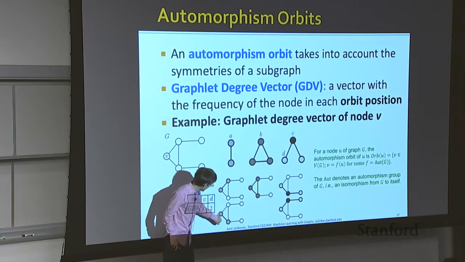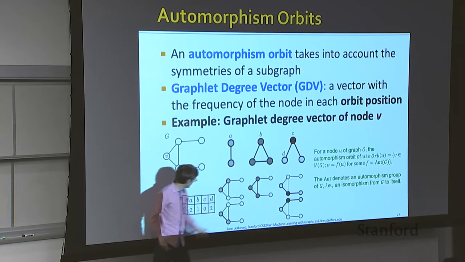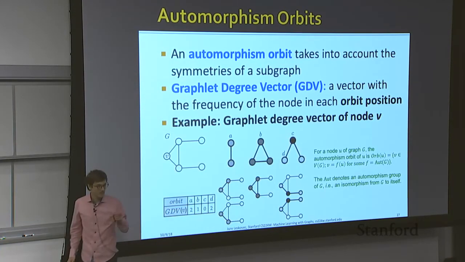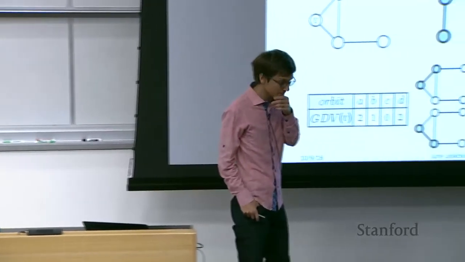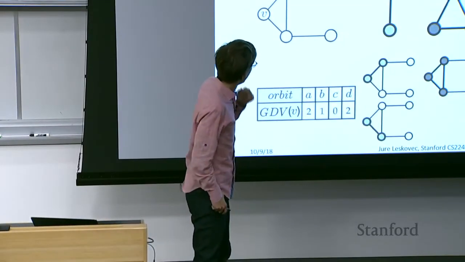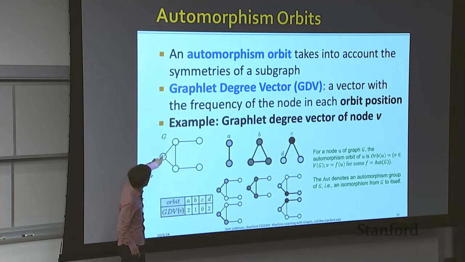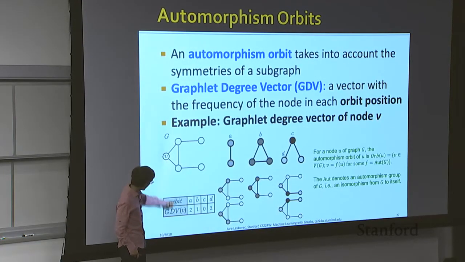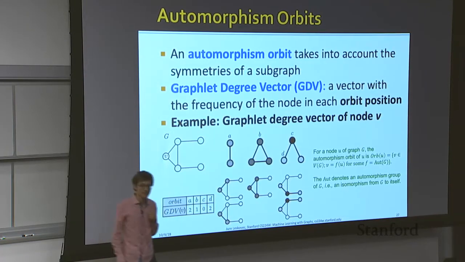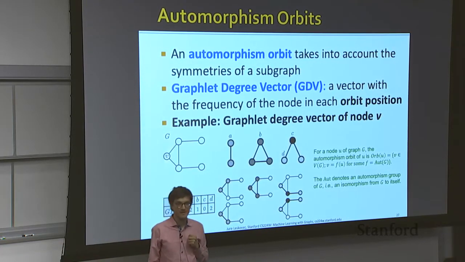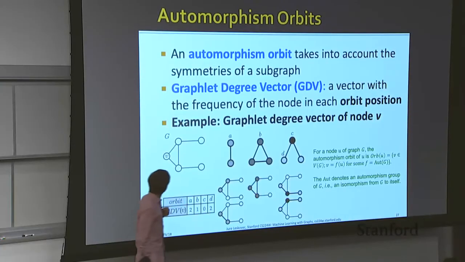And here are examples of those instances. Yes? Why does A appear twice? Because this node has degree 2. It's only for a vertex. This is now node level, it's not graph level. Yes? Shouldn't D appear 4 times?